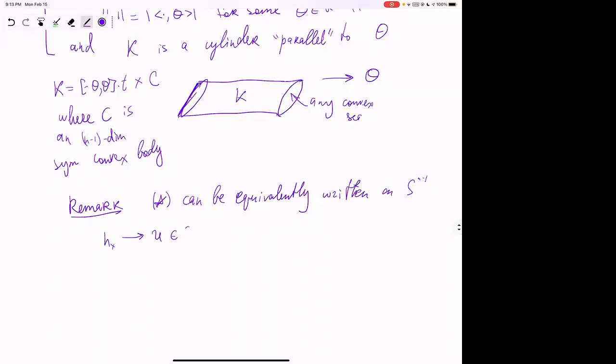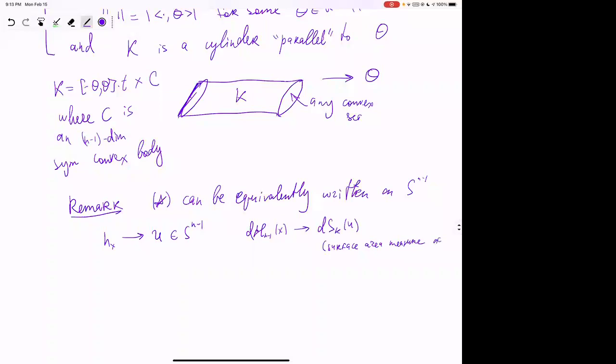So u is a vector on the sphere. And instead of the Hausdorff measure on the boundary, I shall get the so-called surface area measure of K on the sphere. It's literally defined this way. It's a push forward under the Gauss map, where we associate a unit vector on the sphere with the normal vector.